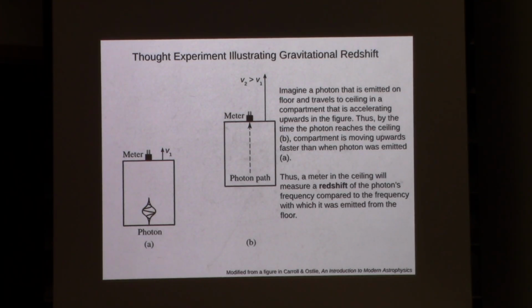So the only way it's got to lose energy is to increase its wavelength. You can kind of look at it that way. The photon loses energy as it's climbing out of the gravitational field in the only way that it can, by increasing its wavelength as opposed to changing its speed, if you like.